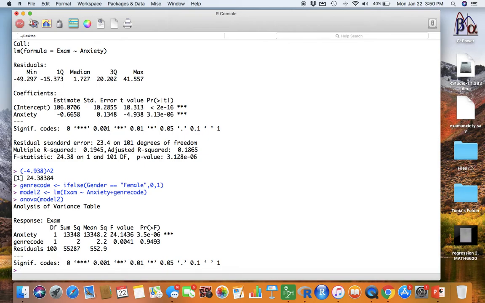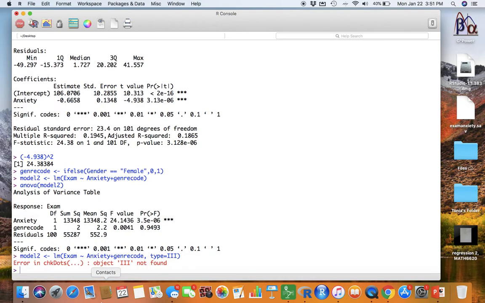Typically, and guys, I'll get this worked out, there's a way that we can change what R does, and I hate that they do this. I may have to look this up.